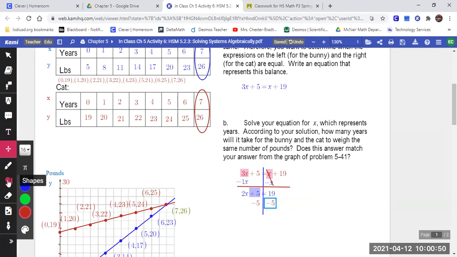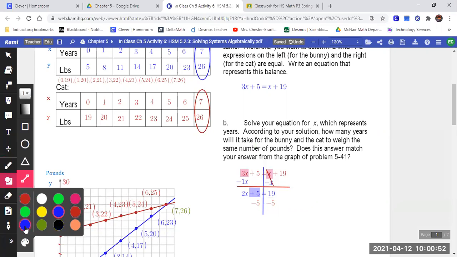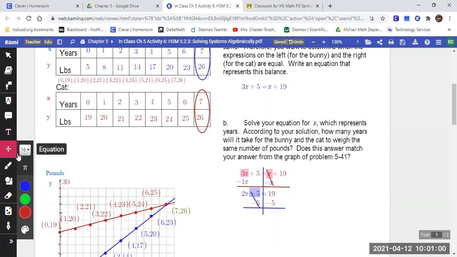Right? That makes the 5 turn into 0, so we don't care anymore.